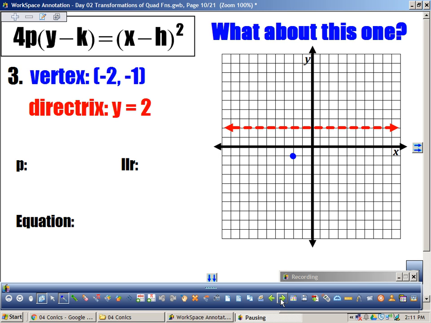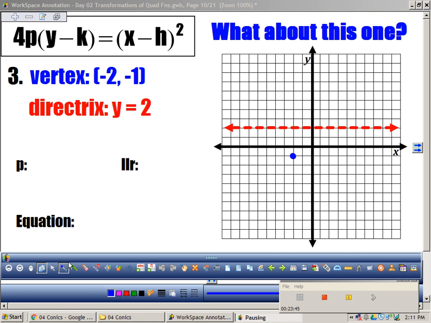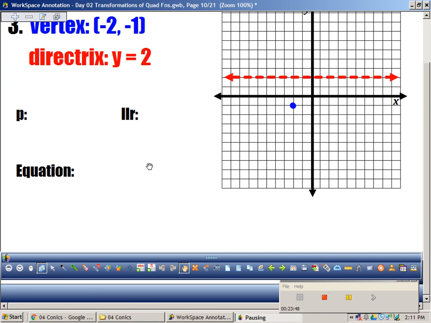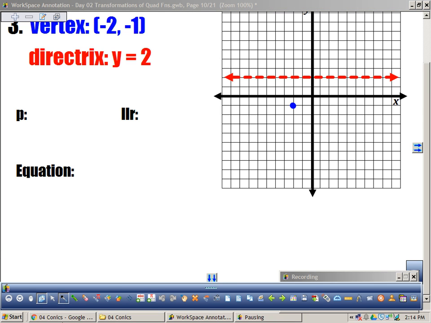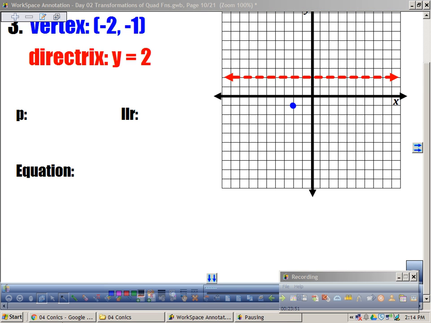So let's make our way. So if my vertex is already at -2, -1, I'm going to go ahead and just write myself out here, like kind of like a skeleton of what my equation should look like. So my skeleton should have whether or not it's positive or negative, what my LLR is.